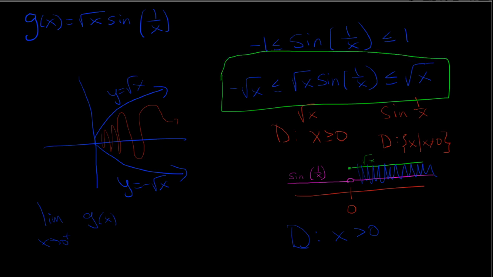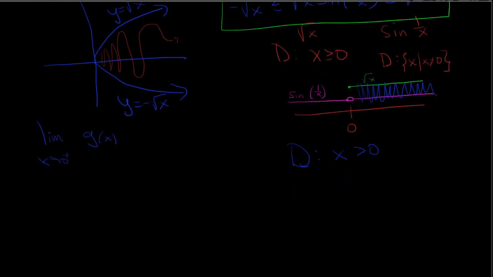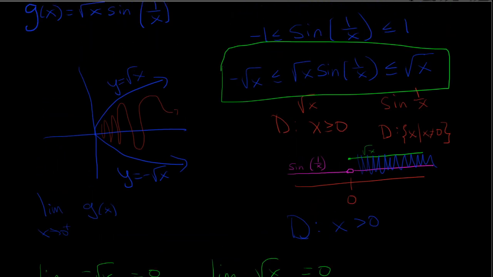If I look at the negative square root of x and square root of x as x approaches 0 from the right, I notice that the limit is just 0, because I'm coming from the right over here, from square root of x, and I approach the point 0, and same thing with negative square root of x, I'm approaching it from the right, and I land at the same point 0. So by the squeeze theorem, g of x also has to go to 0.